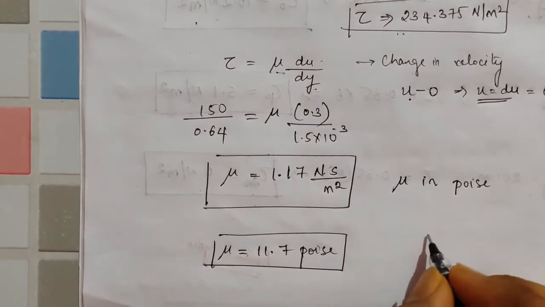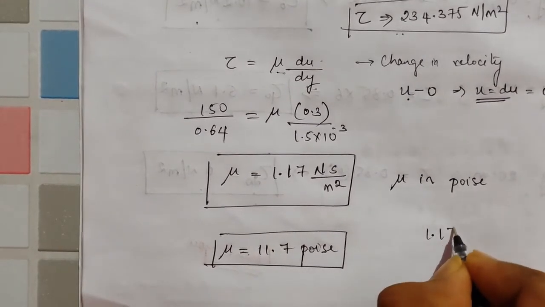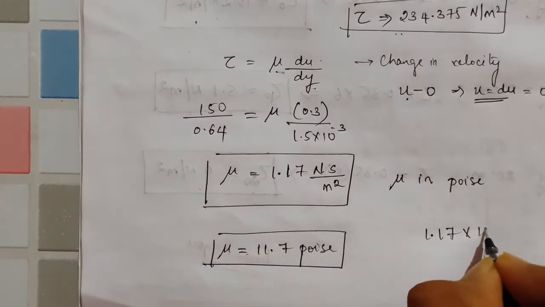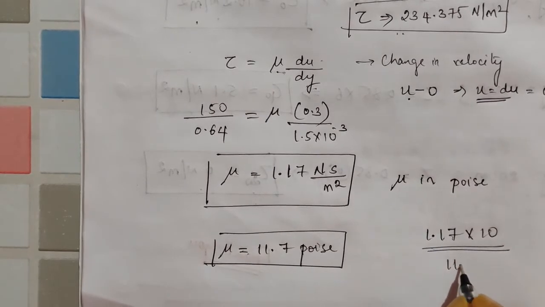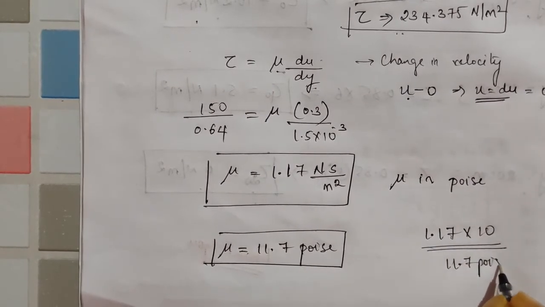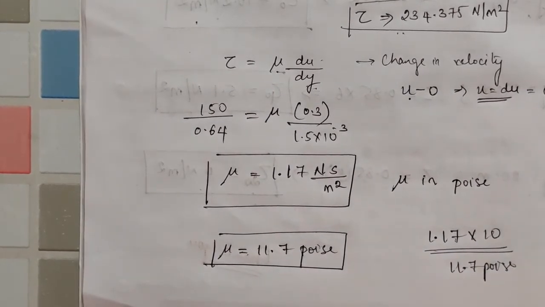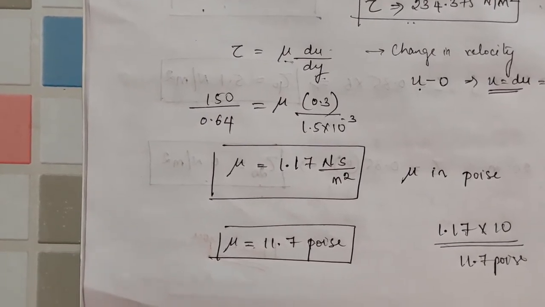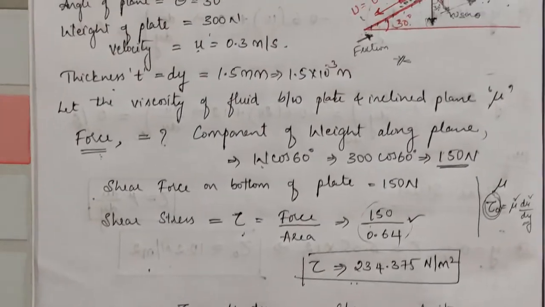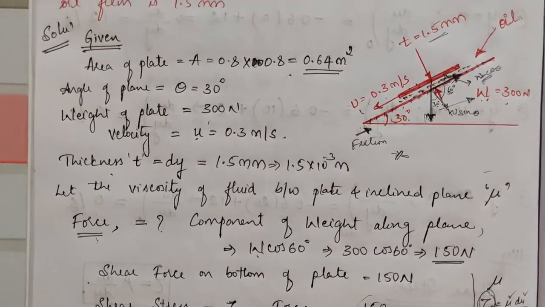Or else see here, 1.17, if we multiply by 10 we will get 11.7 poise, because 1 poise is equal to 1 by 10 Newton second per meter square. So this is the procedure of how we do it.